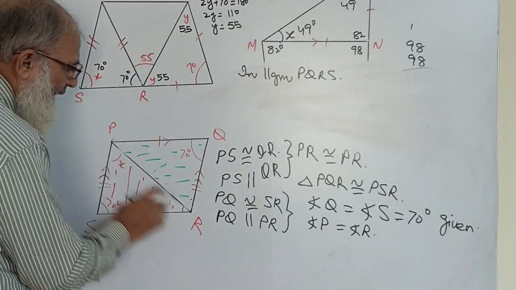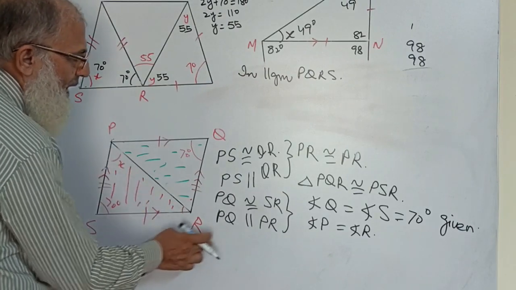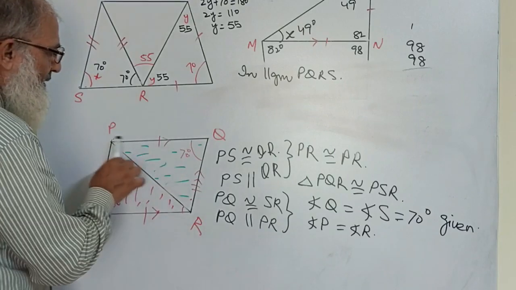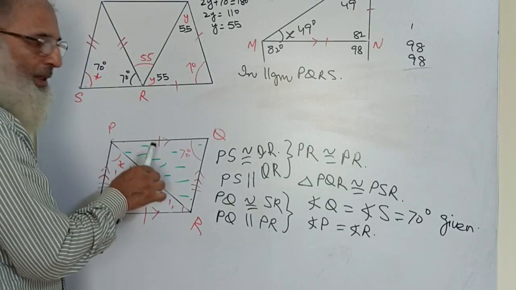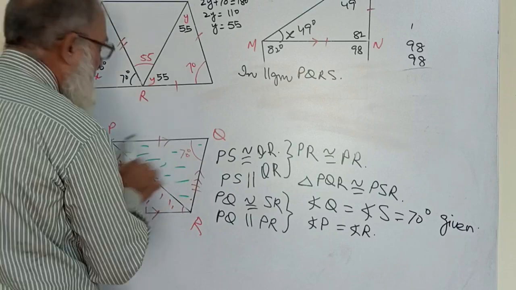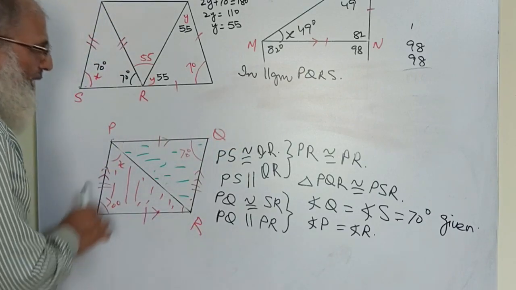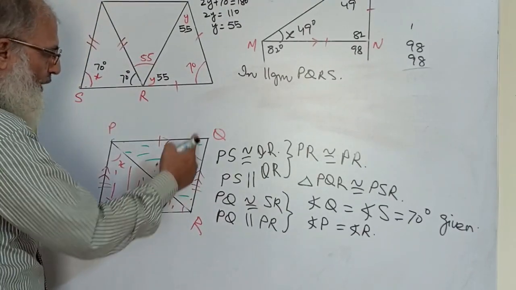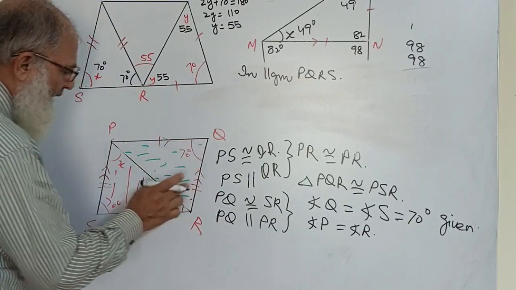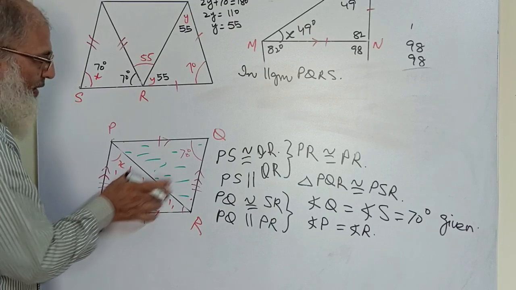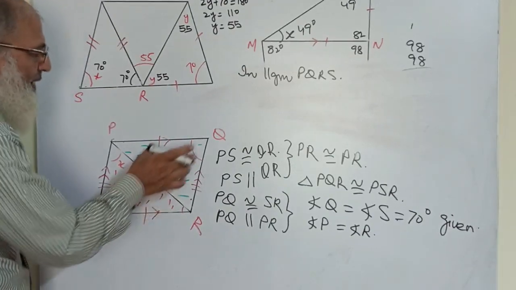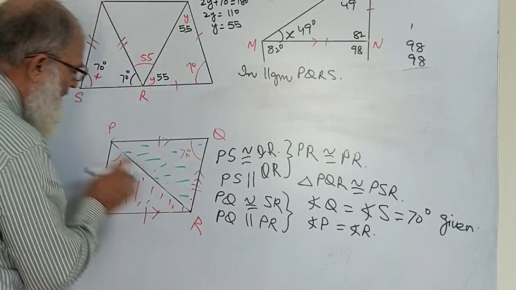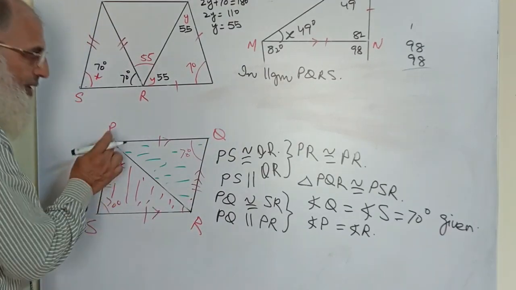Therefore, this line PR divides this whole parallelogram into two equal parts, because this triangle is equal to this triangle.